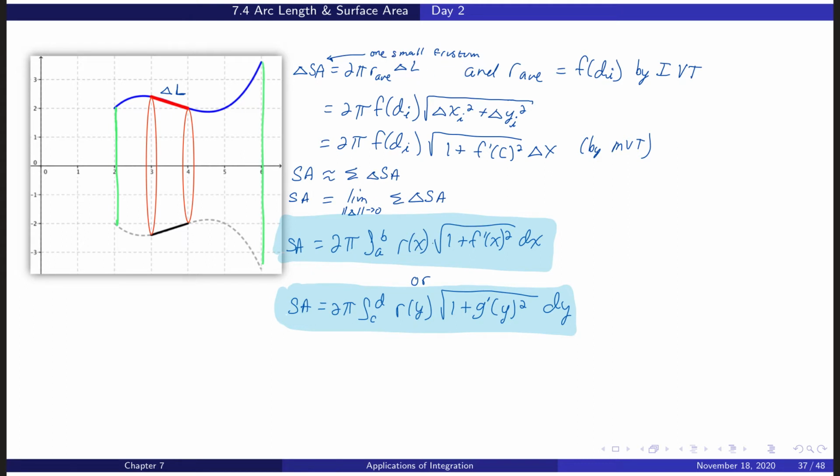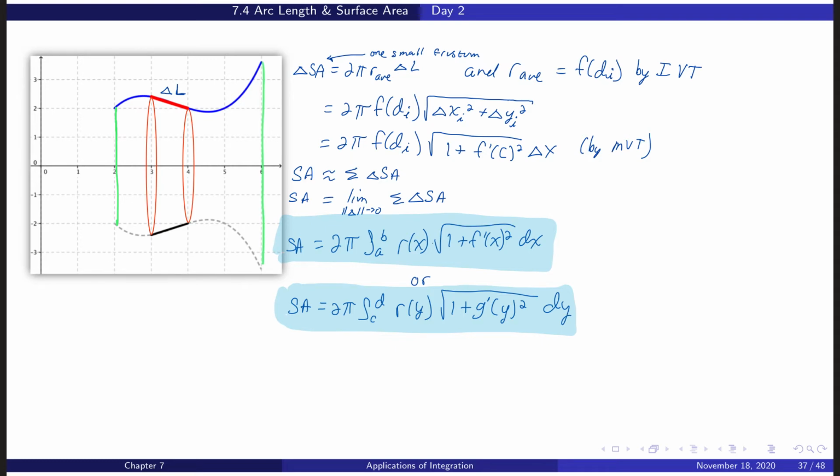And again, if I make the edge length very close to 0, increasing the number of delta L's but making each one very close to 0, we get the limit process applied, and we get this statement here. So 2 pi times the antiderivative of the radius function times the square root of 1 plus f prime of x squared dx. Now the radius function is going to be f of y or f of x, depending on whether you're taking the antiderivative with respect to x or with respect to y.